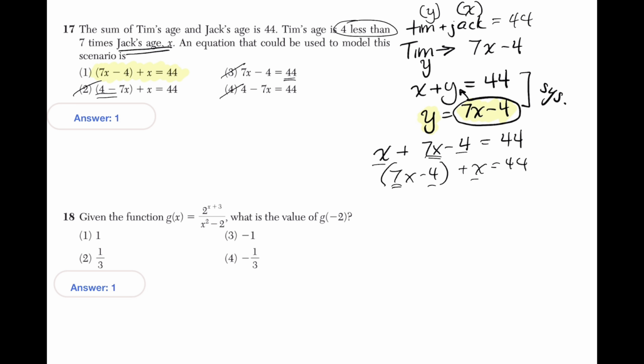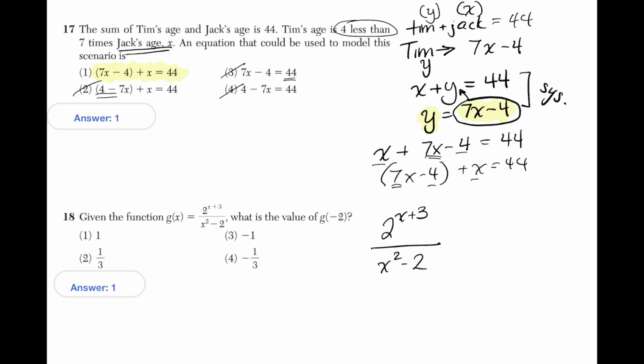Let's look at number 18, and 18 is another one where if I'm super tired taking this test and I'm nervous, this expression would freak me out. But I'm going to show you how to go through this one in a way that hopefully makes sense. I'm going to take this expression, 2 to the x plus 3 power over x squared minus 2.